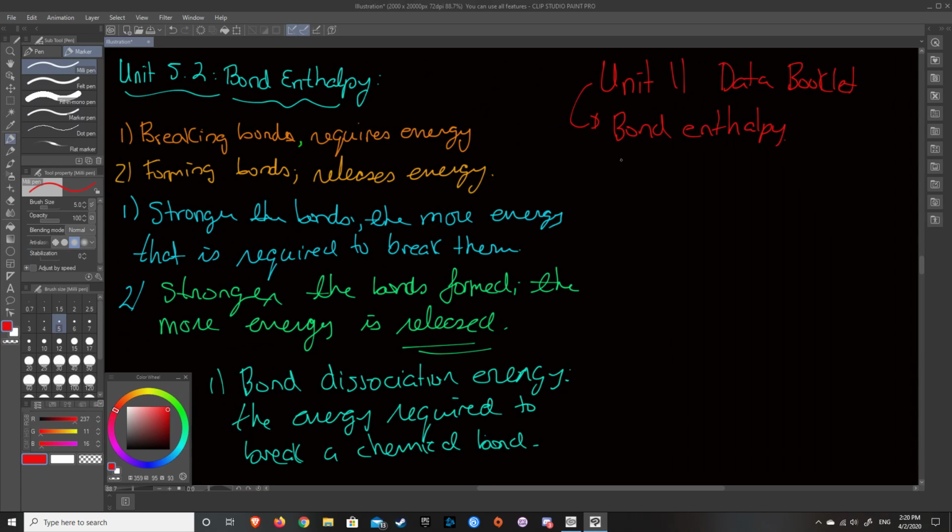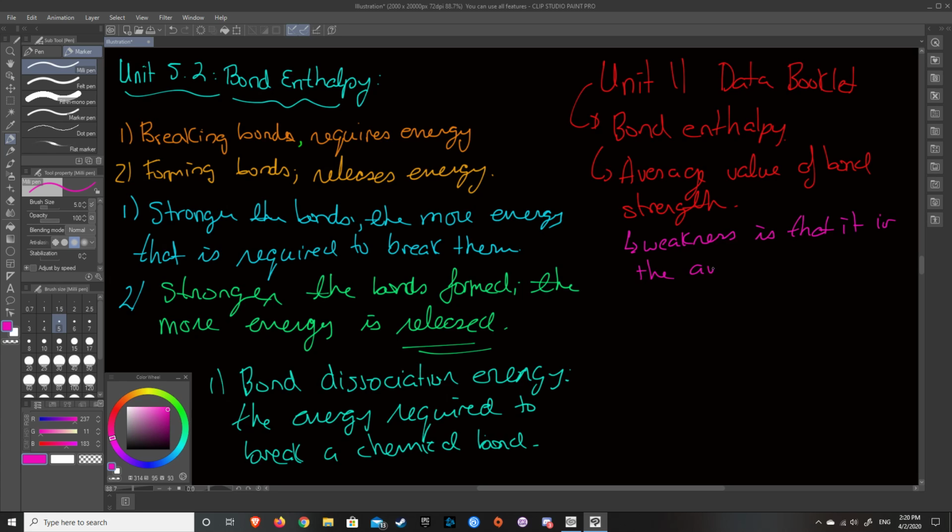The data booklet, the bond enthalpy, this is the average value of the bond strength, but also the weakness is that it is the average value. The weakness is that the average is not always representative.